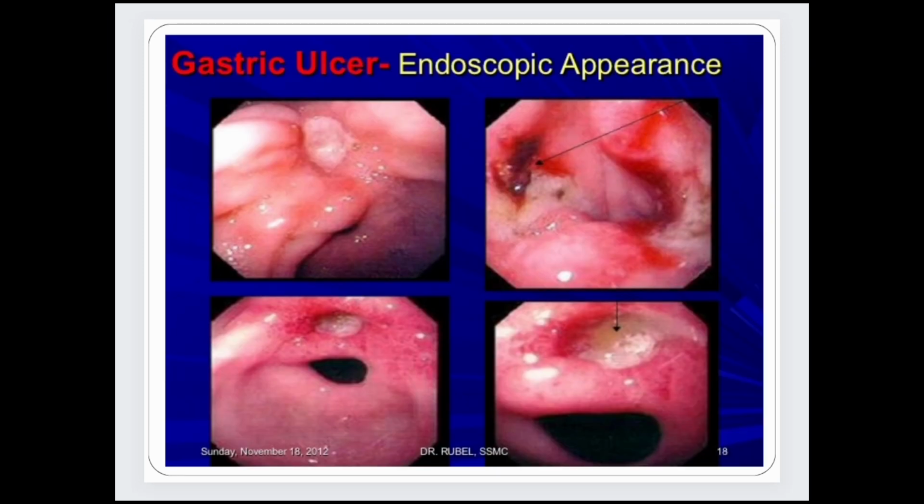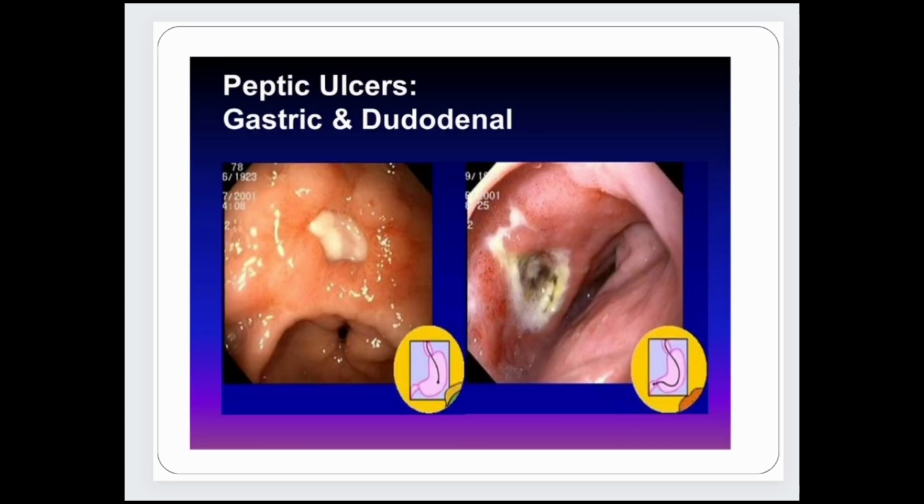So these are the images of how a gastric ulcer appears in endoscopy. Now this is gastric and duodenal ulcer. On the left side is gastric ulcer, right side is duodenal ulcer.